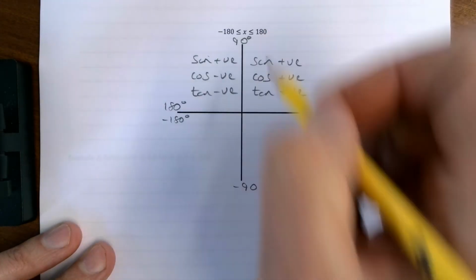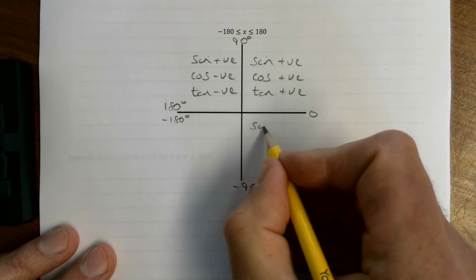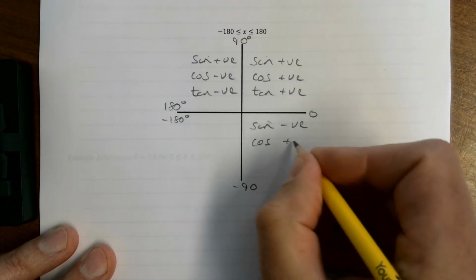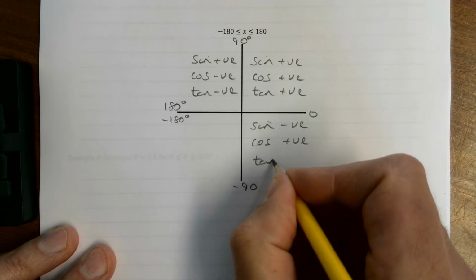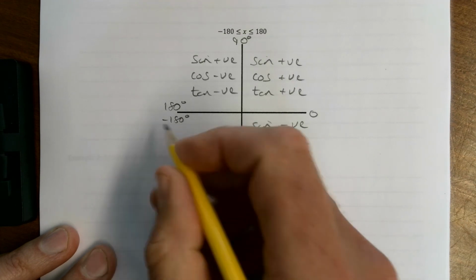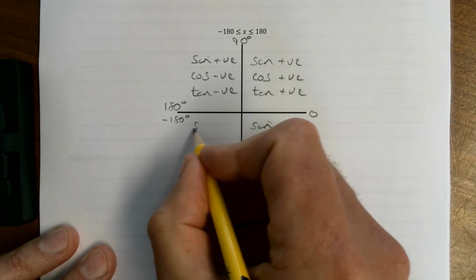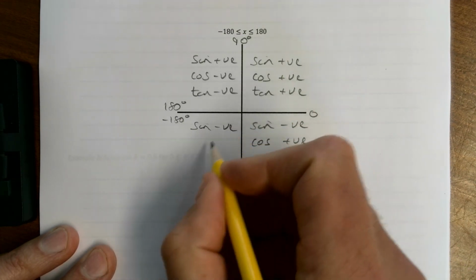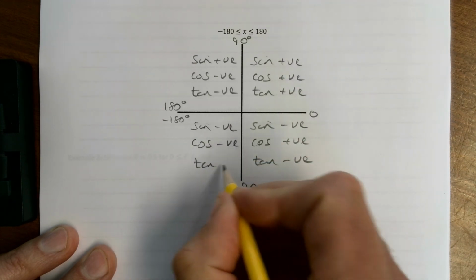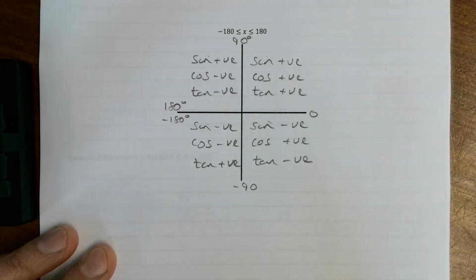It's the same as the one just up above. So sine is negative, cos is positive and tan is negative. And then in this section here, minus 90 to minus 180, the only one is going to be tan. So sine is negative, cos is negative, and tan is positive.